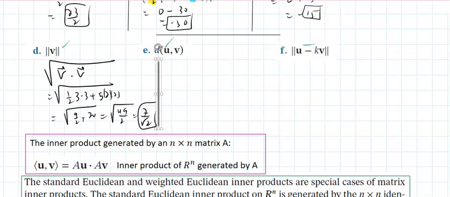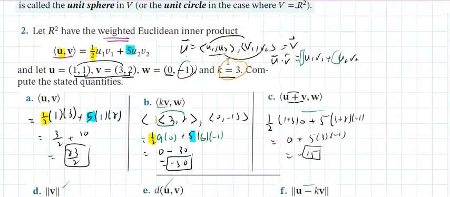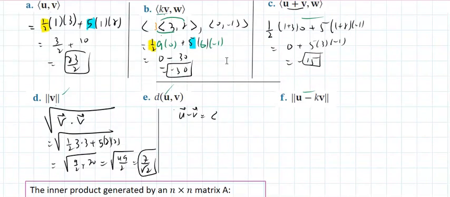If I want to find the distance from U to V, let's take U minus V. That's a distance. What would that be? U was 1, 1, and V is 3, 2.